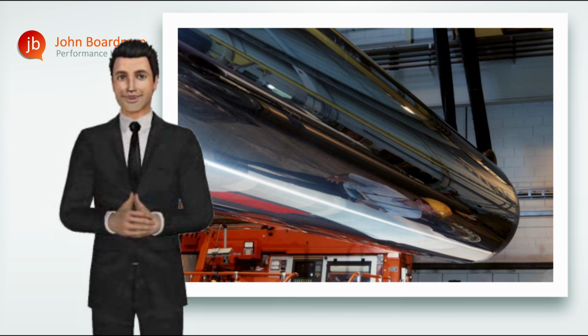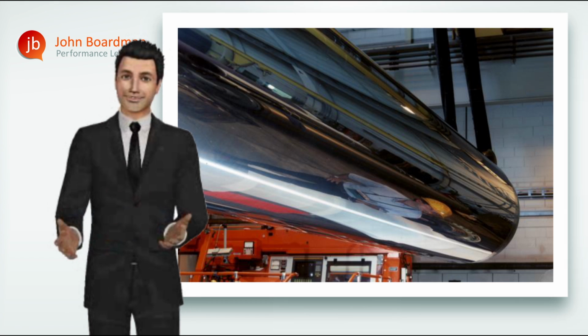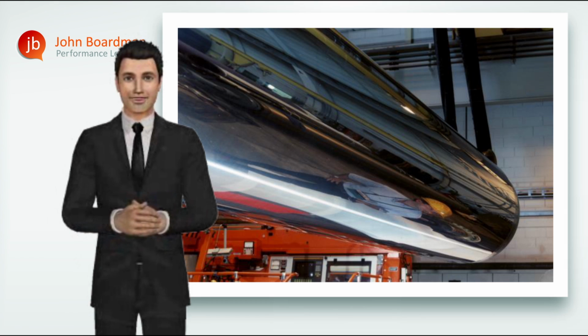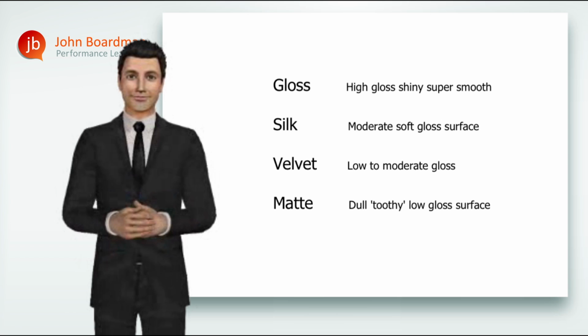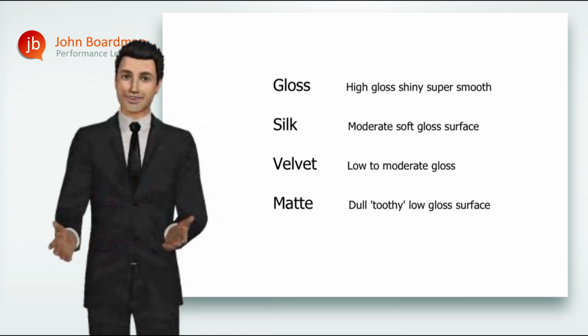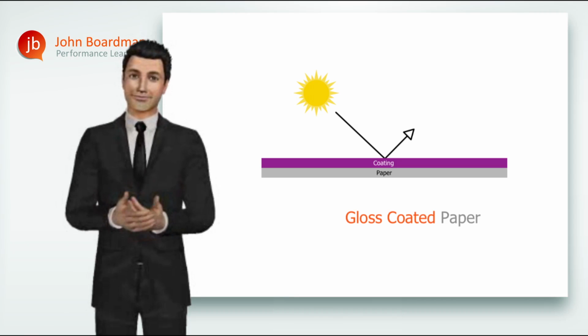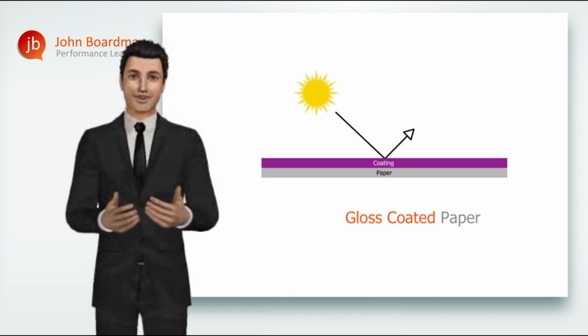This smoothing process is known as calendering, and the extent to which the surface of the coated paper is smoothed gives us the range of coated papers we can choose from. So when you choose between a silk, a velvet, a matte or a gloss, what you're really choosing is the smoothness of the surface, and the smoother your paper gets, the more it reflects the light and the shinier it becomes.